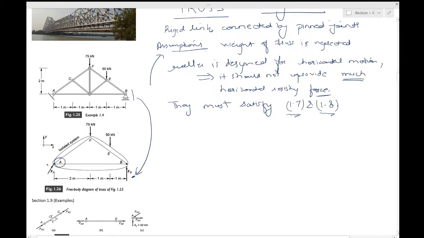By doing so, you will have no contribution by FA. Through this method you can find FB. Once you find FB, you can just use 1.7, the balancing of forces in the horizontal and the vertical direction, and you will get FA. So that solves the first part of your problem, in which you had to find the reaction forces at A and B.